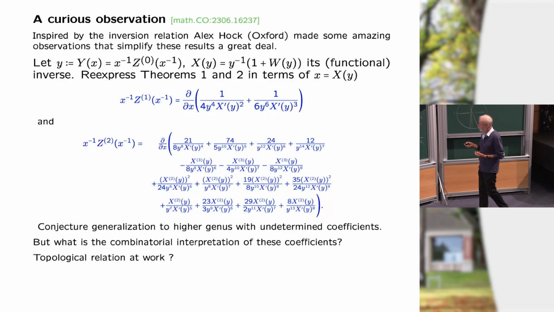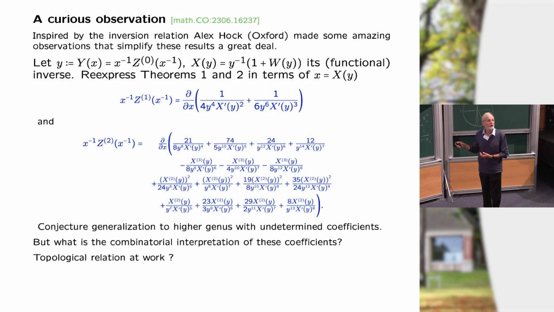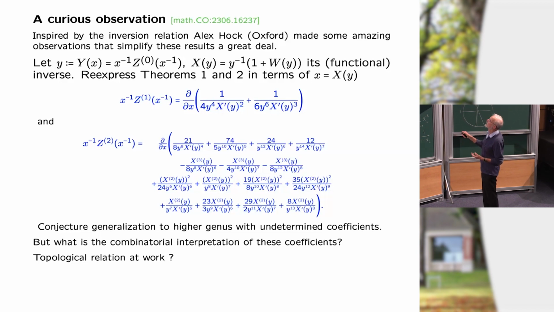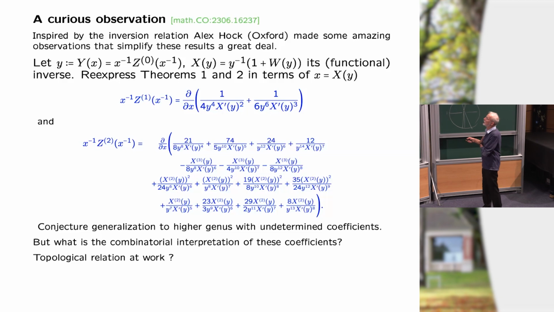And also making use of this observation that I was making at the beginning of the talk, namely this inverse relation. Remember that there was a little reshuffling of the two generating functions Z0 and W, which had this property of being inverse of one another. X of Y or Y of X is the identity function.